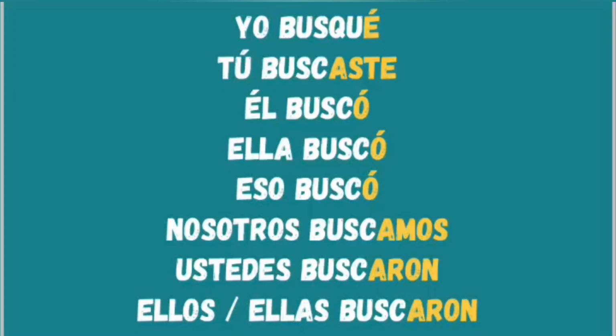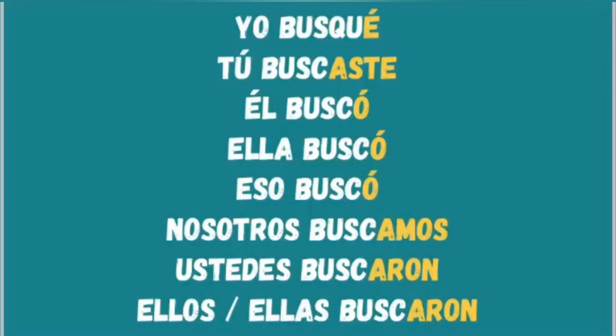See, in the first personal pronoun, yo busqué, the root word is ending with Q-U, and the ending is letter E with an accent, okay? And then in the personal pronoun you, tú, it's not ending with Q, it's ending with letter C, okay? Tú buscaste.